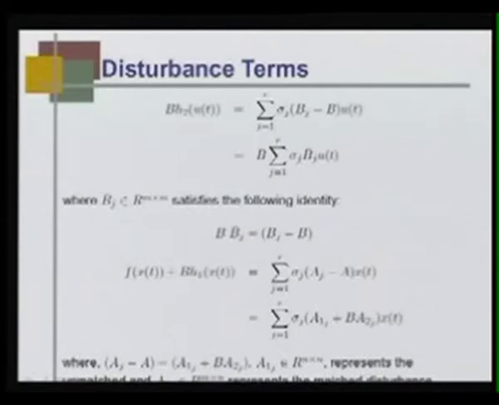Okay. So, always in controller design, whenever we say any disturbance, we are not interested in the exact representation of this disturbance, rather an upper bound. This is the principle of robust control. We want to know what is the upper bound on this disturbance.